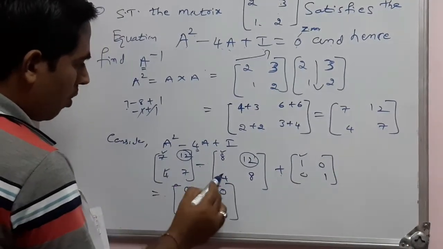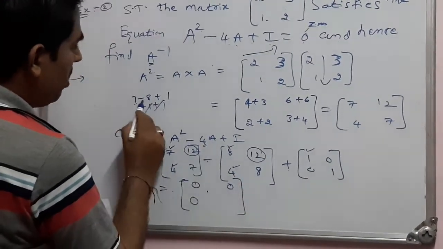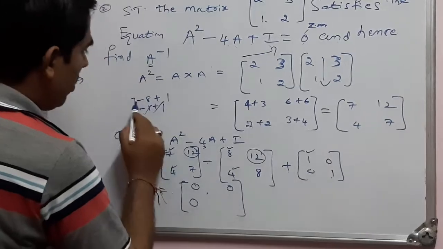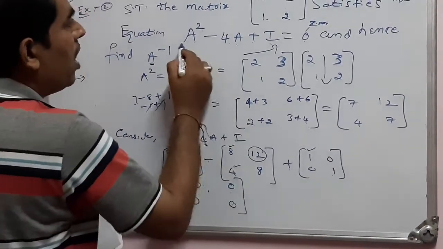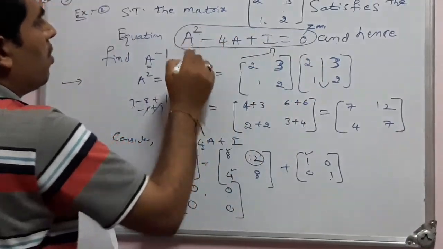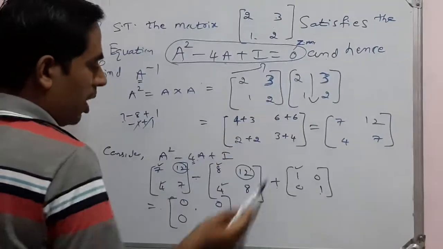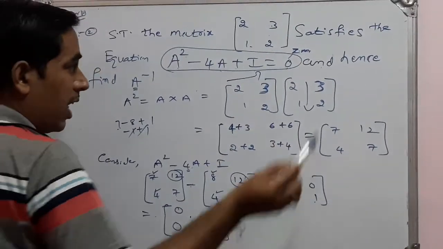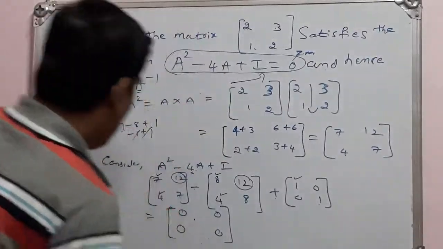Then 4 minus 4, 0, 0 plus 0, that will be 0. Once again 7 minus 8 plus 1, that will be 0. So once again it is a 0 matrix. We have proved that A square minus 4A plus I gives the 0 matrix. Then afterwards we have to find A inverse. This is one part, so now let us continue this.